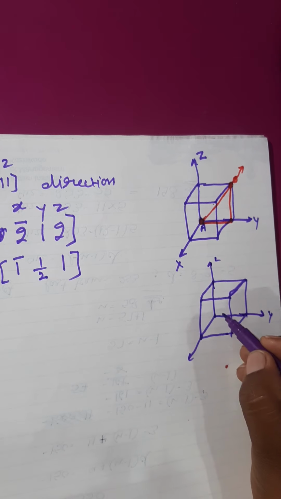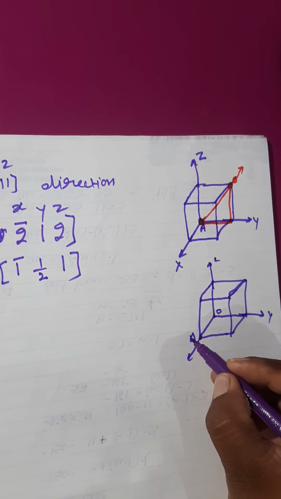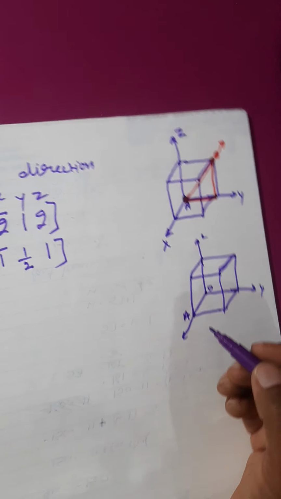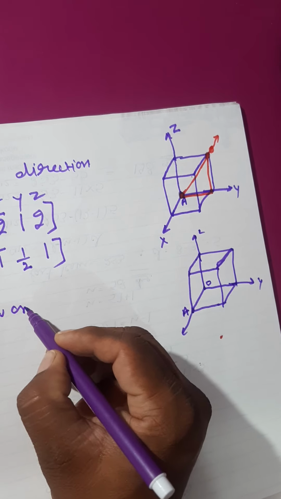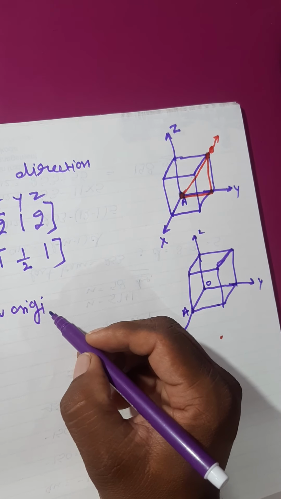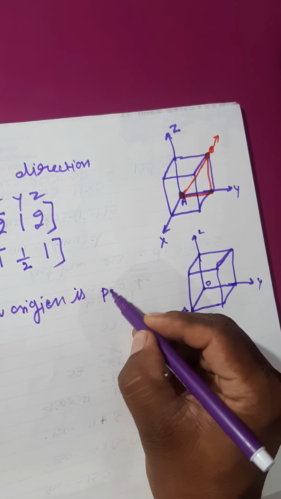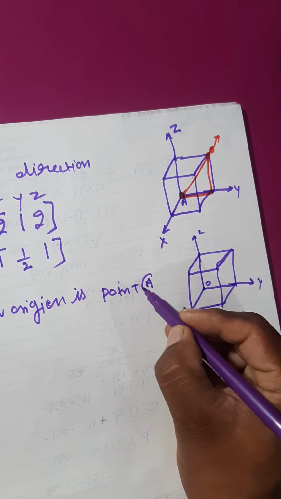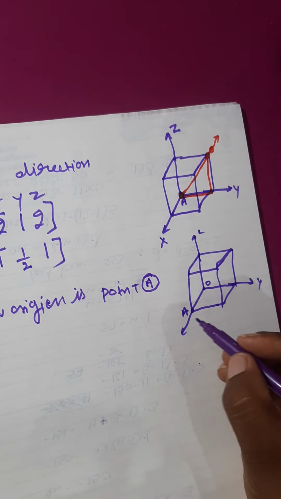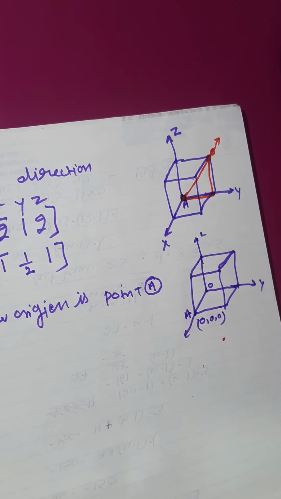We shift the origin from O to point A. So its new origin is point A. This will be the origin from where we start our directions.